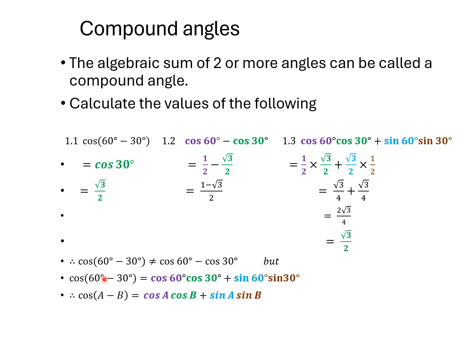So therefore we can conclude that cos(60 minus 30) does not equal cos 60 minus cos 30, but cos(60 minus 30) is the same as saying cos 60 cos 30 plus sin 60 sin 30.